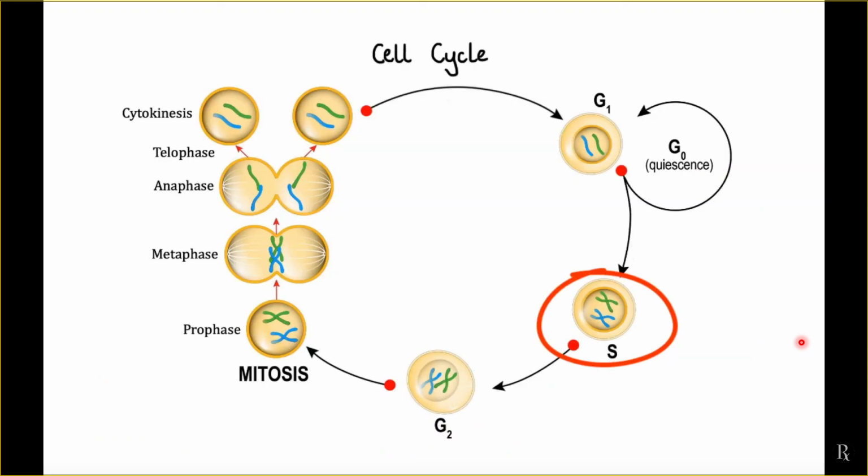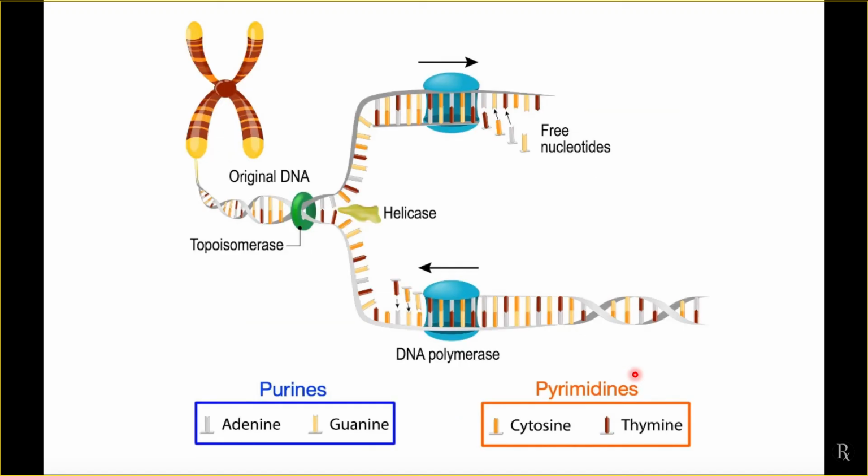Then let's talk about the drugs that influence the cell cycle-specific, that act on the S phase. So during the S phase, the DNA replication occurs.